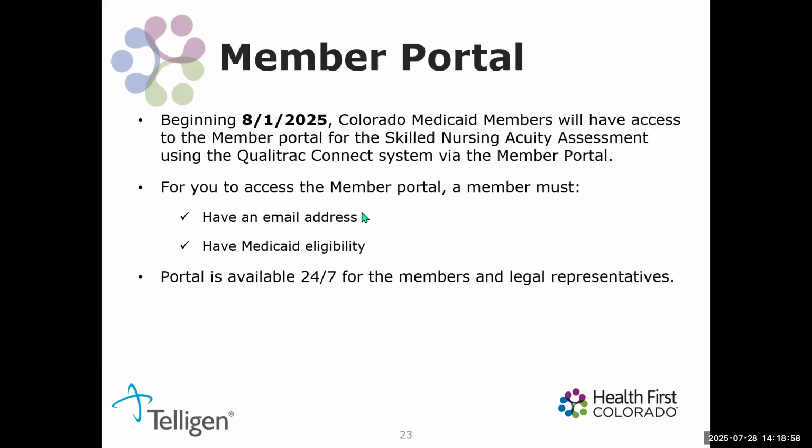For you to have access to the member portal, you must have an email address and have Medicaid eligibility coming over on the file from the state that we get daily. The portal will be available to you 24/7 for members and legal representatives that set up the accounts.